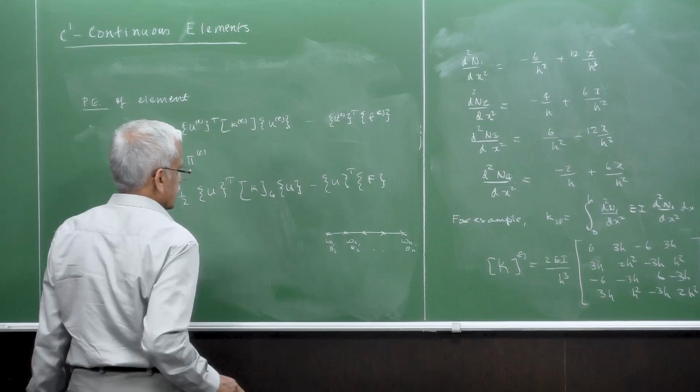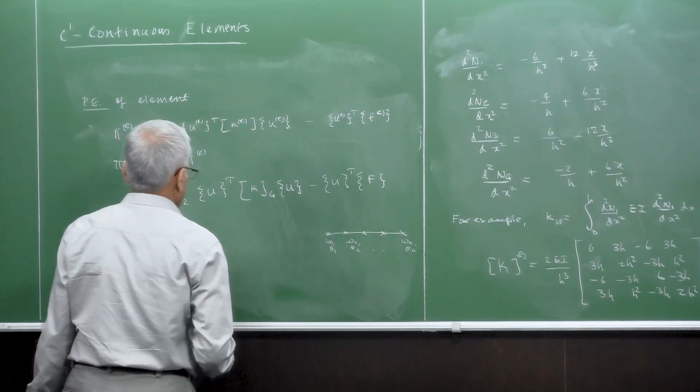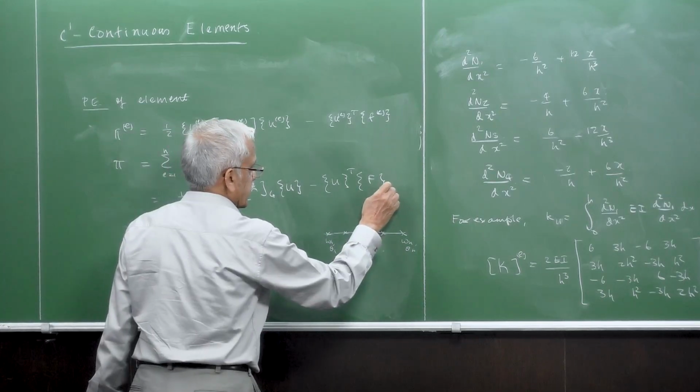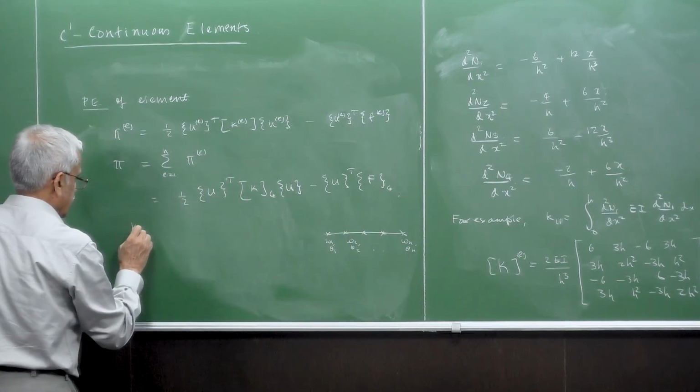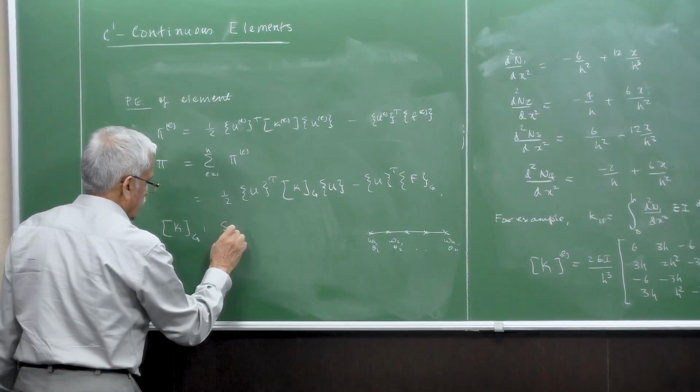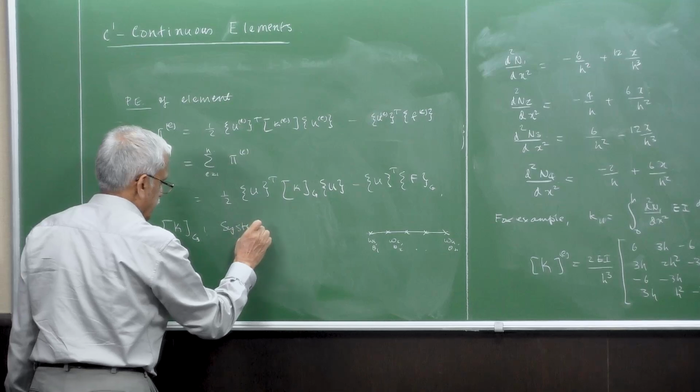Okay, so that consists of U, and F is the global force vector, and K here is the system global stiffness matrix.